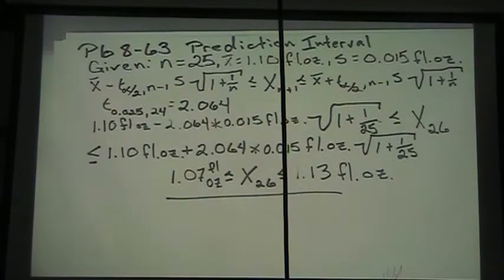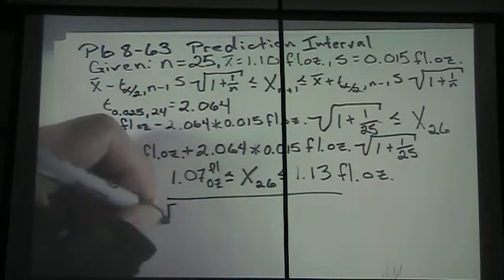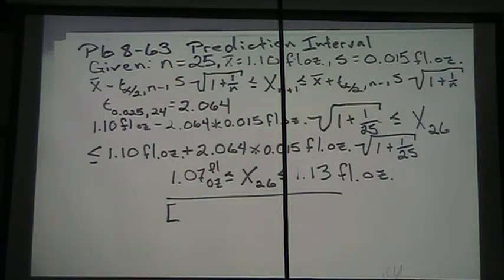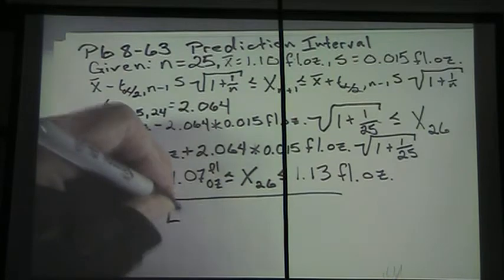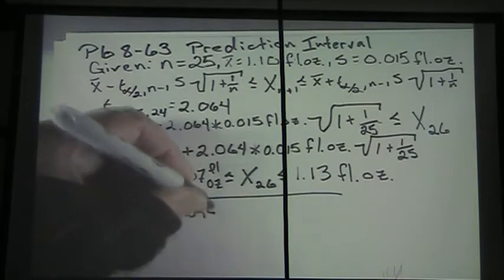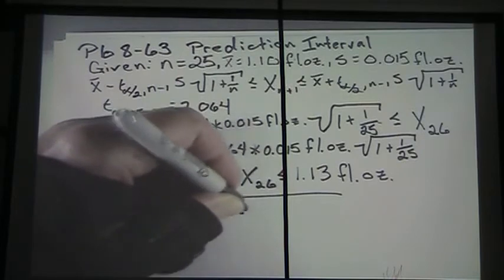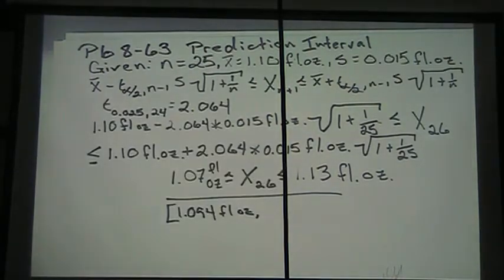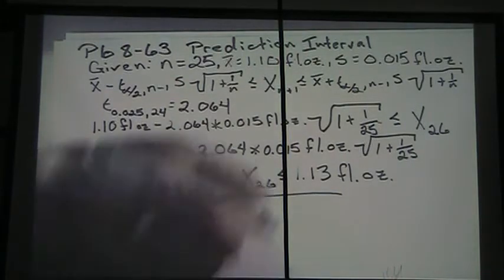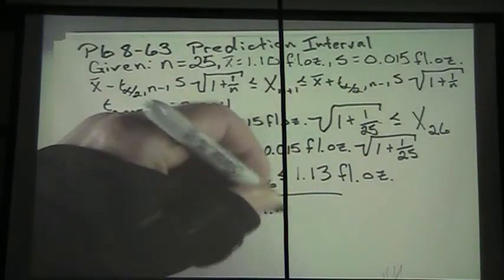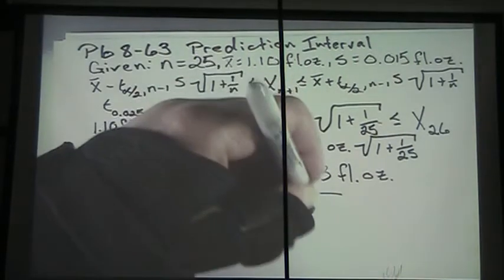But in this case, I have the ability to just look in the back of the book and say the confidence interval is 1.094 fluid ounces, and the upper bound on that is 1.106 fluid ounces.